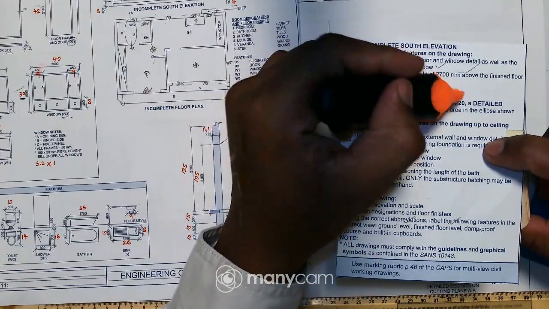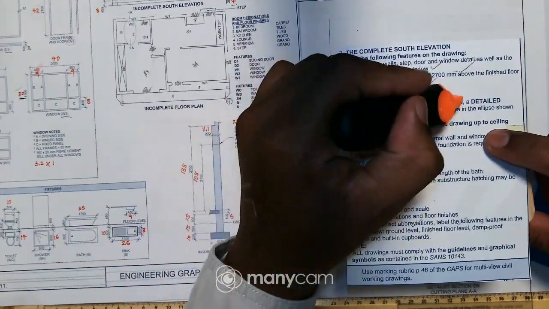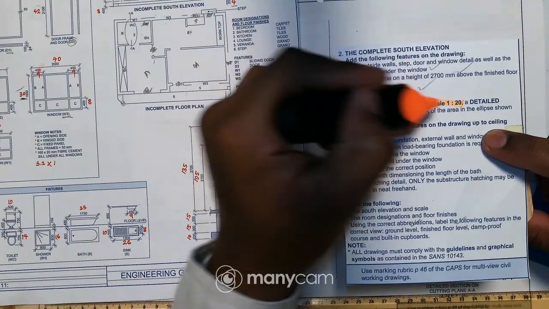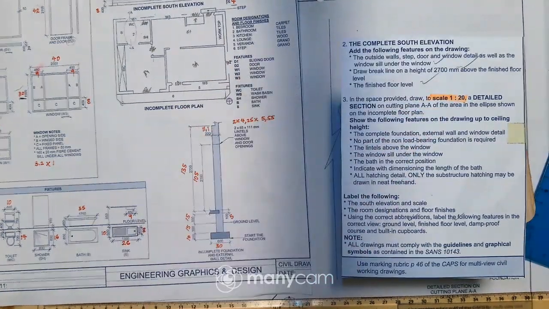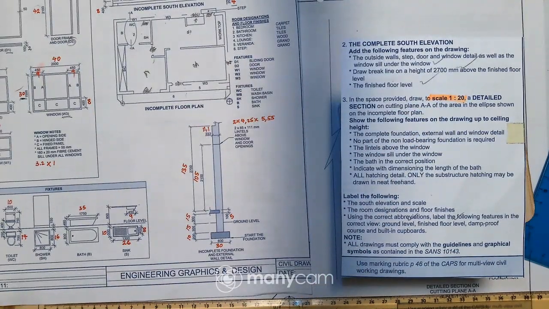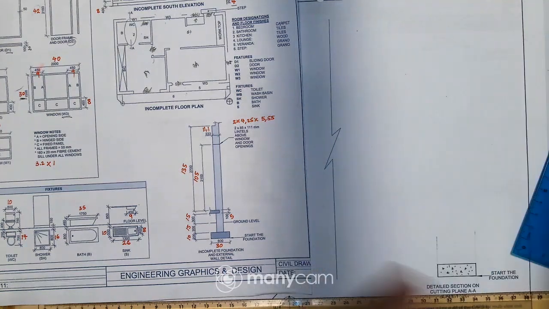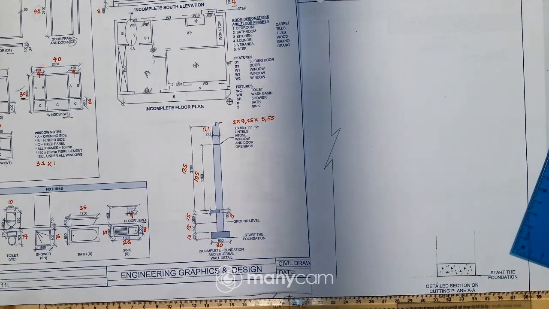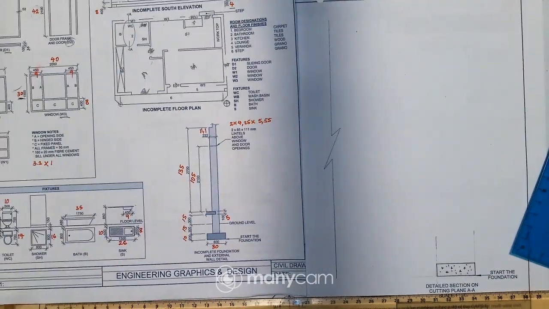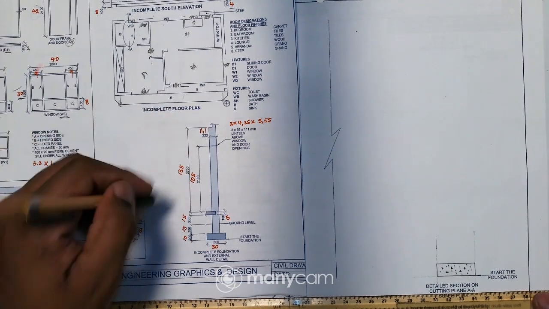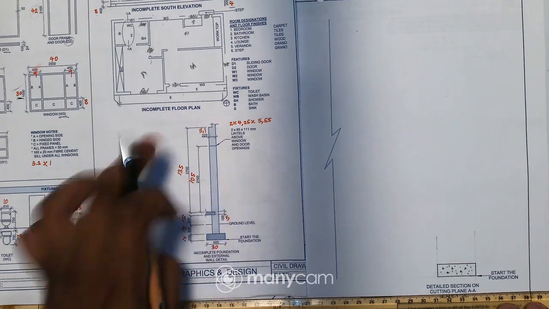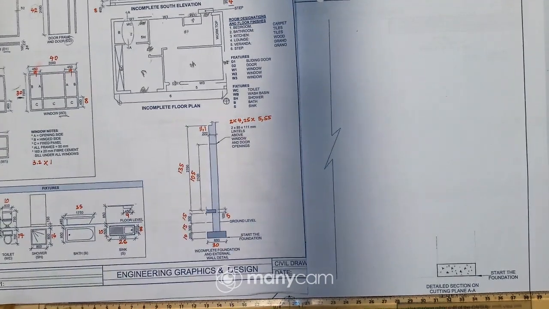From the instructions, they said we must draw the detailed section using scale 1:20. Please do not forget that, because usually learners forget about the scale and divide all the measurements by 50, and that means you lose some marks. All the measurements are divided by 20 because the scale is 1:20.